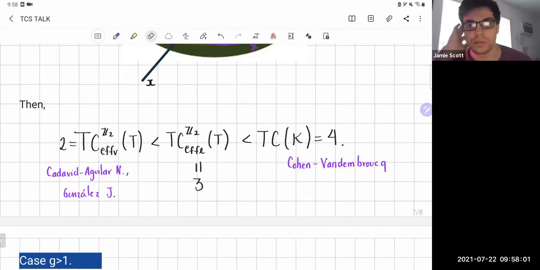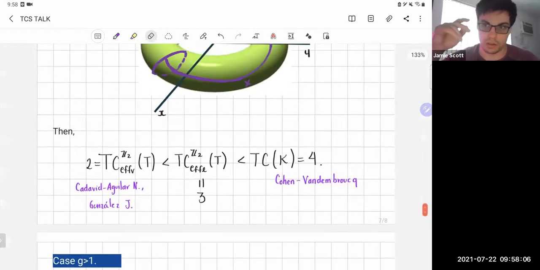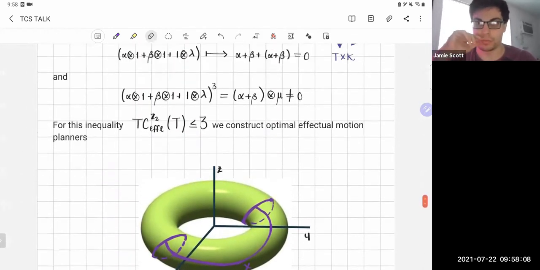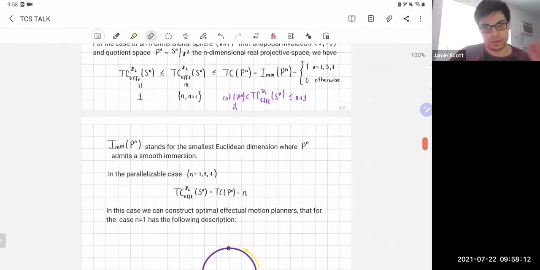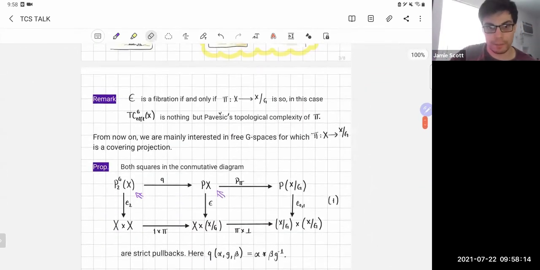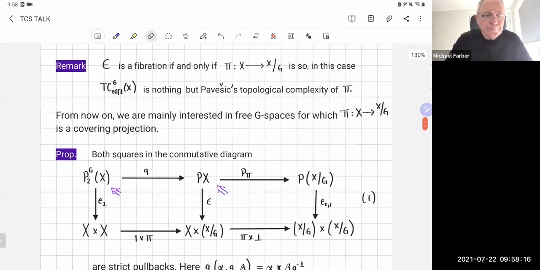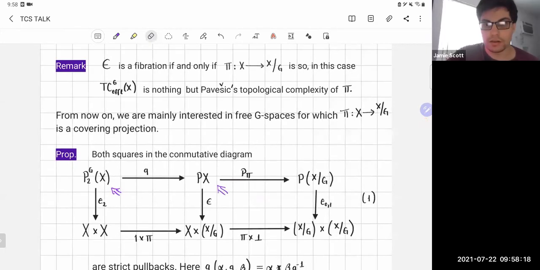So I have a question, if it's okay. Going back to the pullback diagrams you had with Pavesic's TC. The one on the left, that's also a pullback diagram, right? This one? Yeah, the left side.